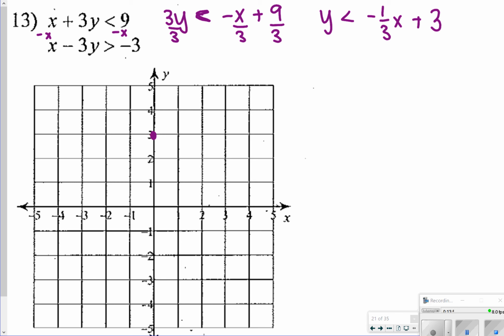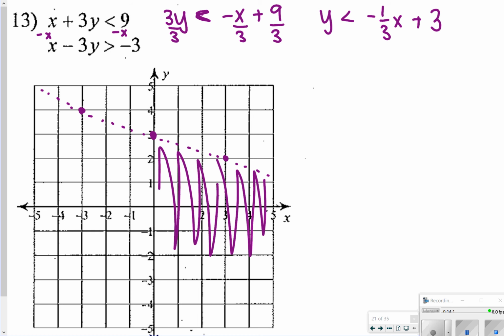So I'm going to go up to 3, put my dot, and then fall 1 over 3. And the same thing over there, up 1 over 3. And this is less than and a dotted line. So again, let's maybe just shade up and down like this.